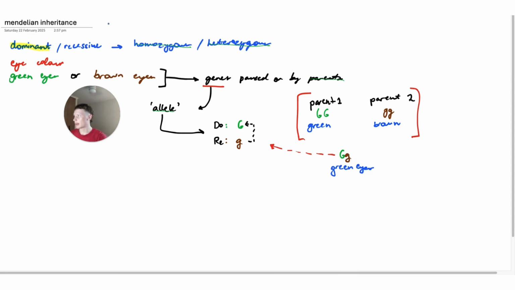In the example we used here, this is heterozygous: when we have one of each, that's heterozygous. When we have a pair of the same type of allele, these are both homozygous.